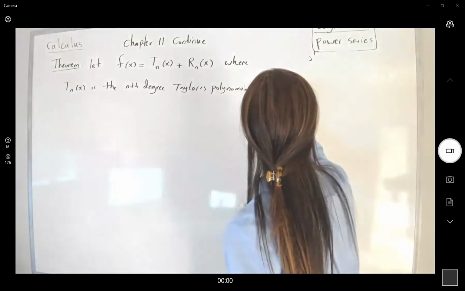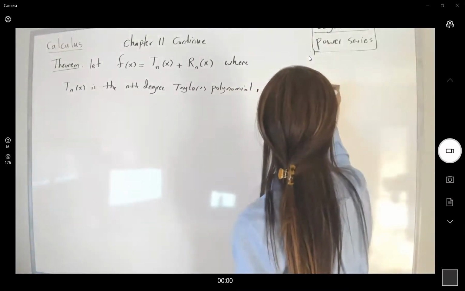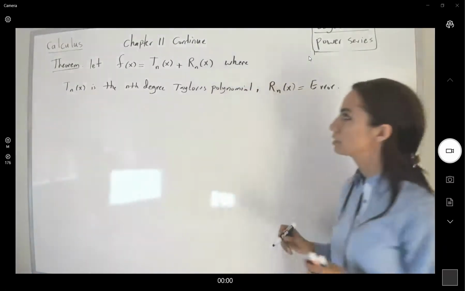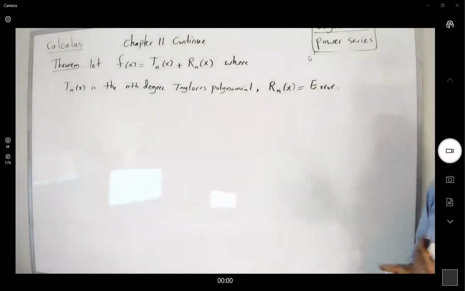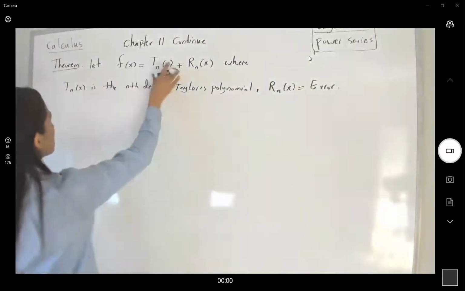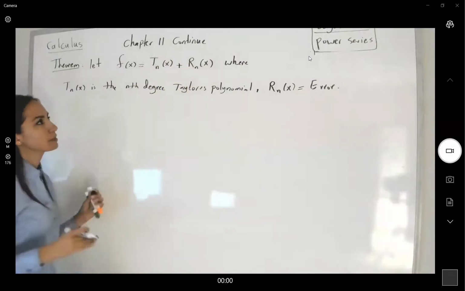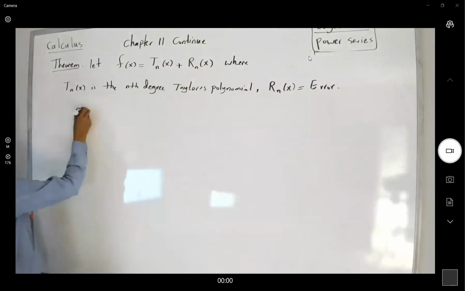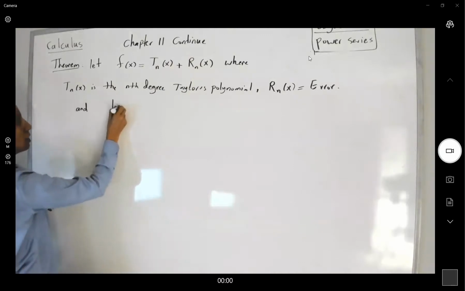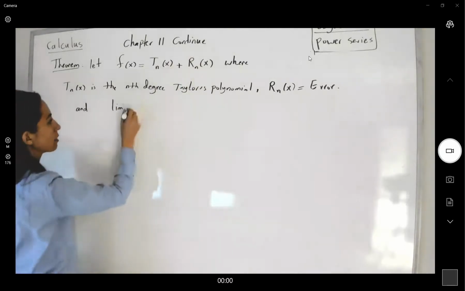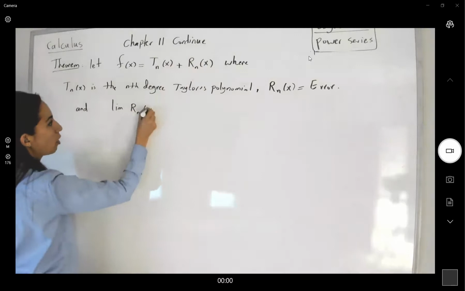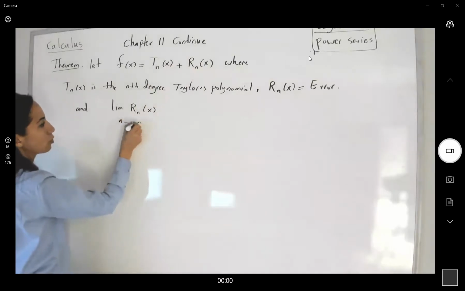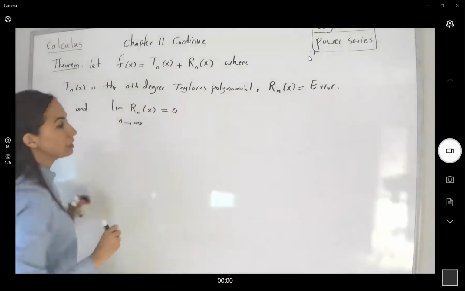R_n(x) is the error. So if you have this function, f(x) equals T_n plus R_n, and the condition is the limit of the error, R_n(x), as n approaches infinity, is equal to 0.